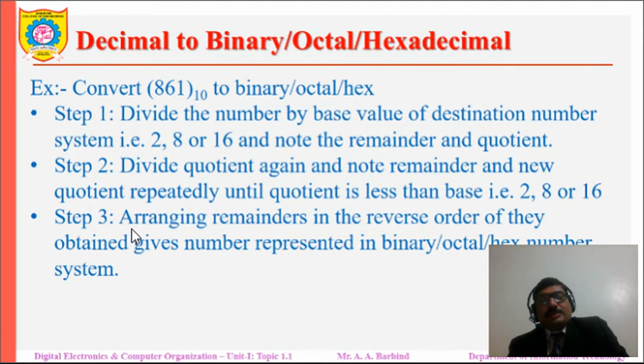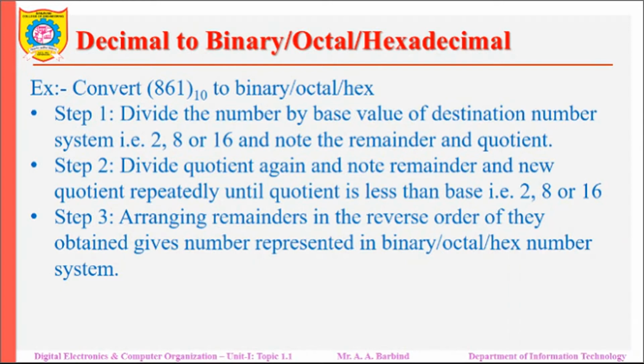The third step is arranging remainders in the reverse order they were obtained, which gives the number represented in the binary, octal, hex number system. So this is how we convert it.